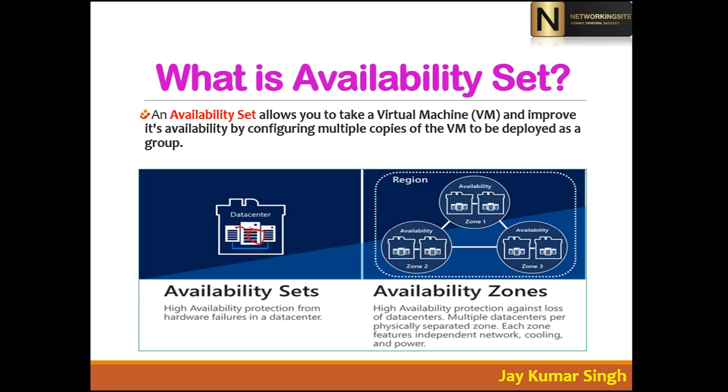So inside the data center, if a single server is down, you have the option to get your VM from another server. So availability sets give high availability protection from hardware failure in a data center, and availability zones give high availability protection against loss of a data center. Here you will have multiple physical locations divided into zones.